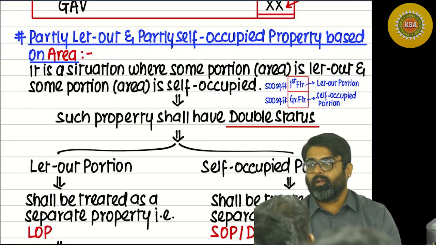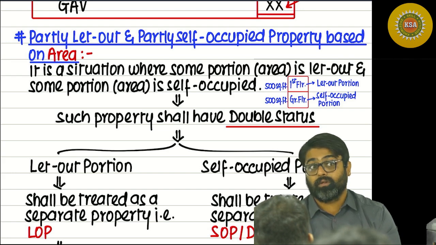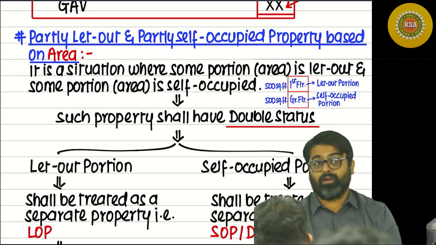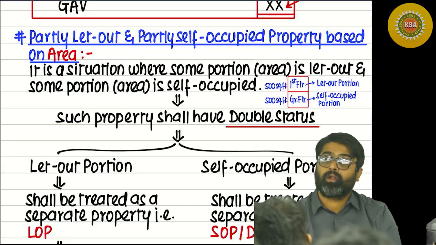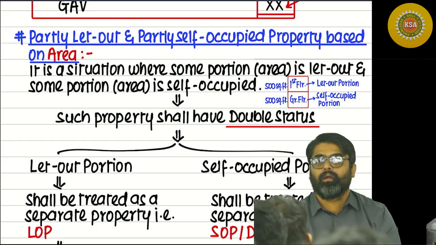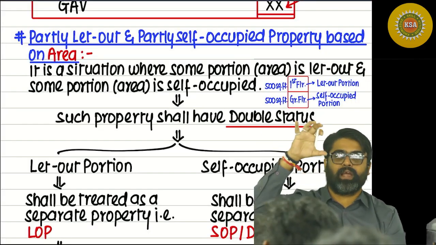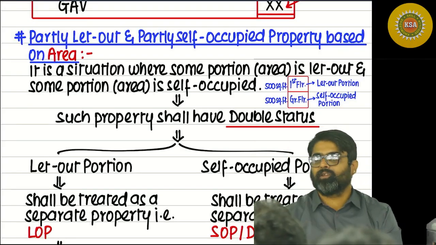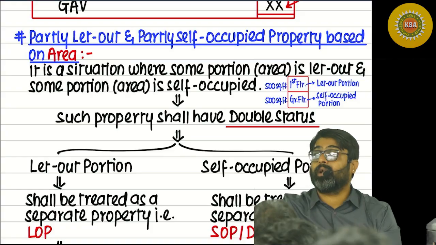So now tell me, for this entire property, if the annual value is calculated and that annual value is taxable in your hands, will you like it? Why? Because if the entire property's annual value is charged to tax, that means the annual value of that portion which is self-occupied is also getting calculated and taxed in your hands.